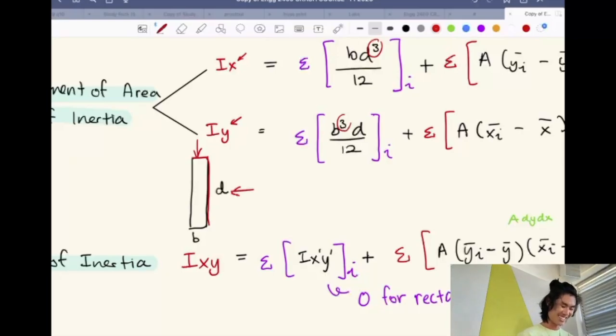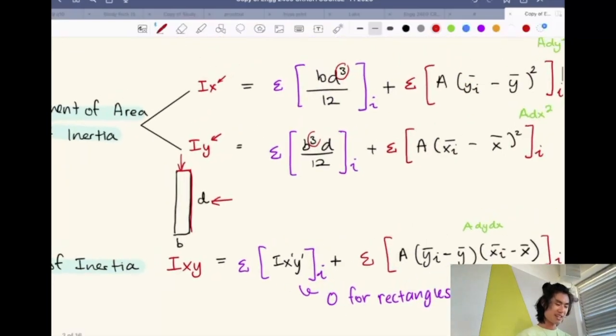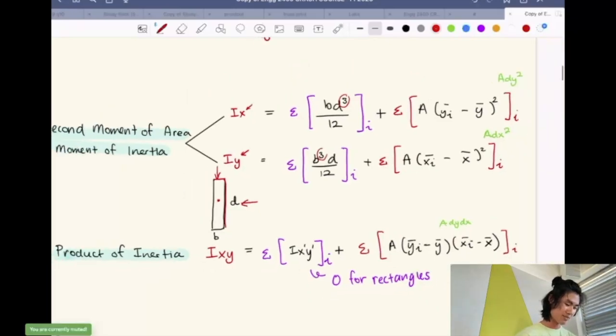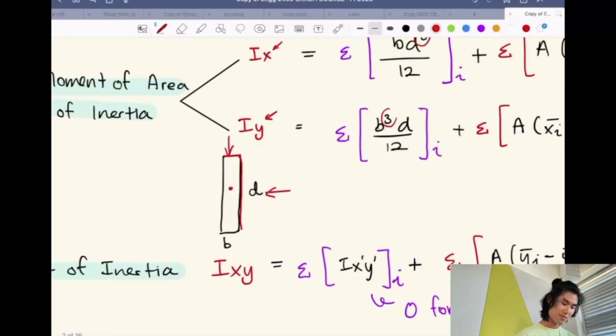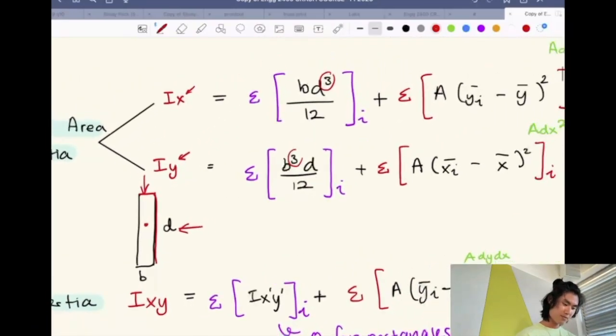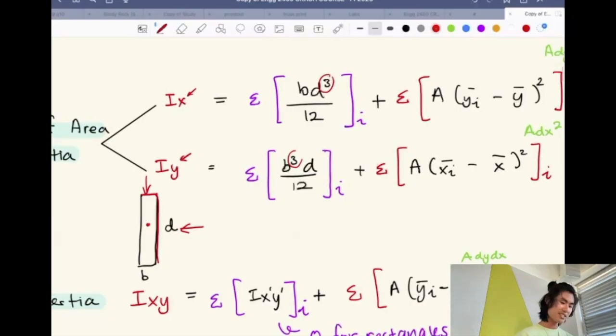So it just means that it will have a stronger internal moment of inertia. This is weird to explain. Essentially, if you're punching it along the x-axis, then the depth will be stronger, right?